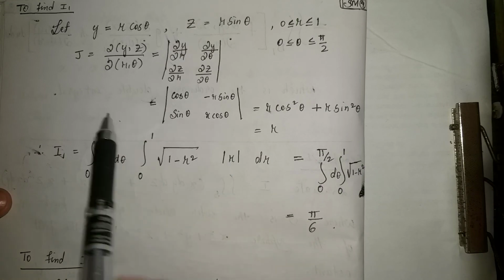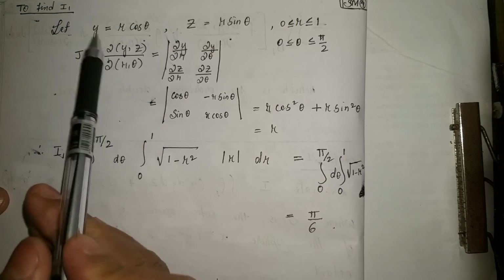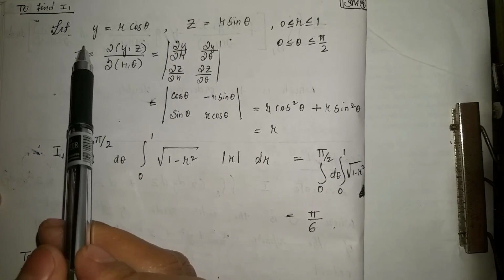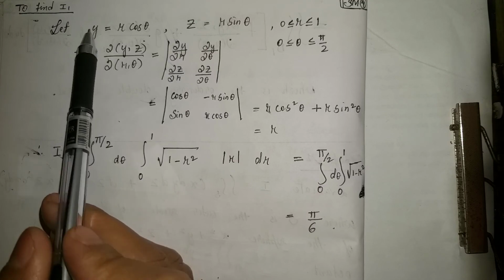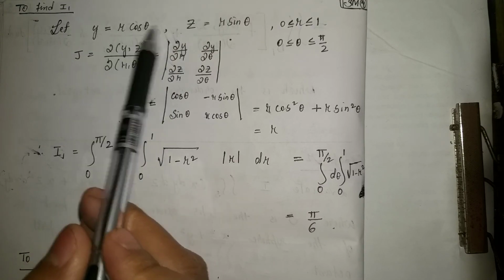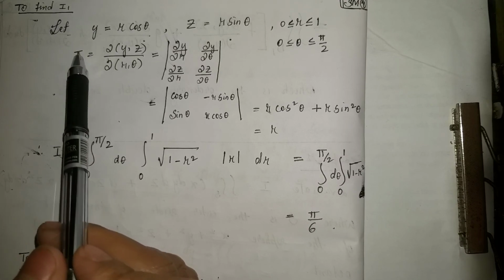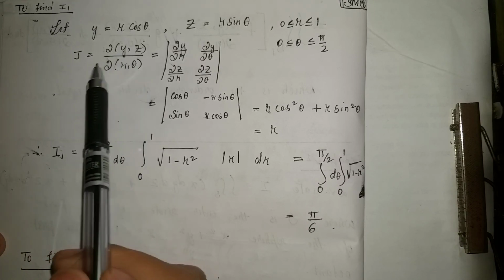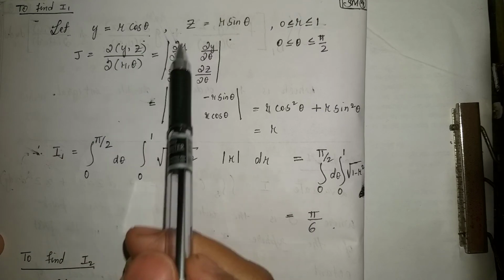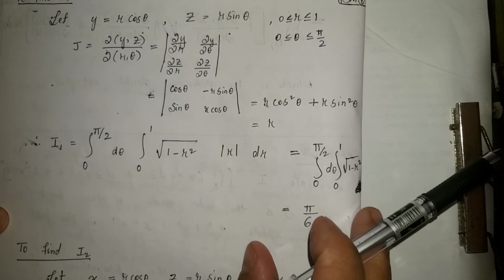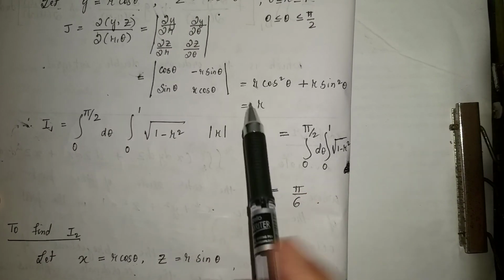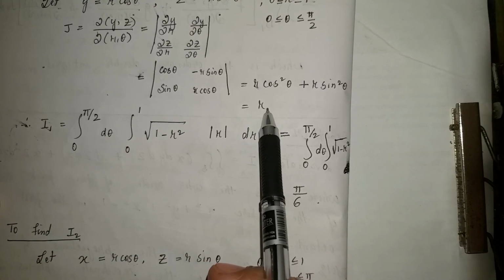Therefore, since we are changing y and z to r and theta, we have to find out the Jacobian del(y,z) by del(r,theta). After finding the Jacobian, you have the Jacobian equal to r.